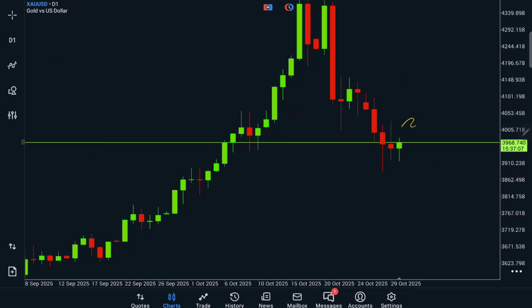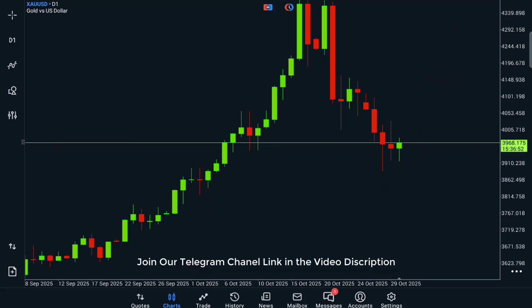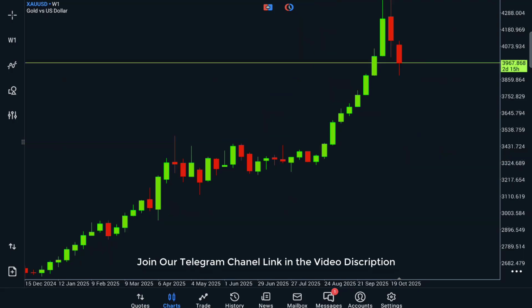As you can see, from the last 4 days, that means this week, there were 3 red candles, and today the market is trying to move a little bit bullish. That means it is trying to take a little bit of correction. And if I especially look at the weekly, the movement is still bearish, as you can see.